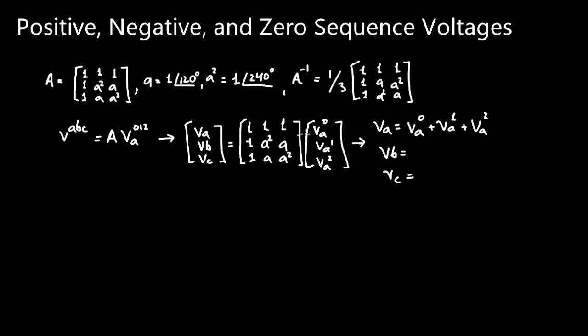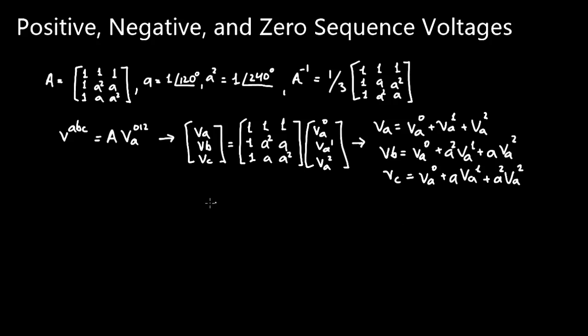We would get that VB would be equal to VA0 plus A squared VA1 plus A VA2, and then VC would be VA0 plus A VA1 plus A squared VA2.